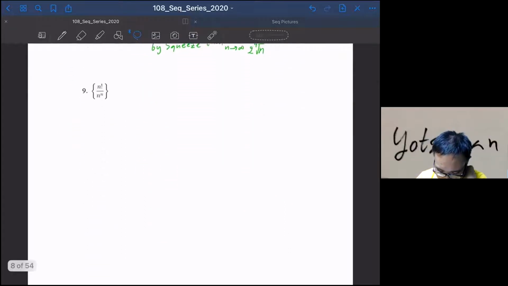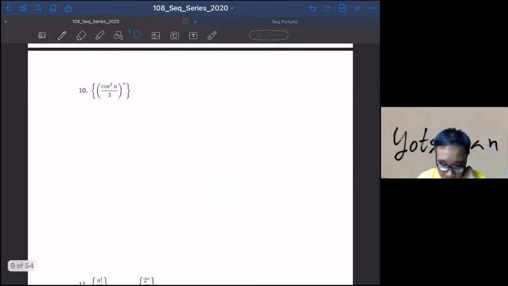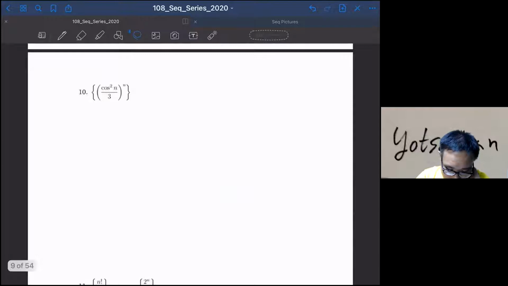The next one, let me do number 10 first because it's sine cosine. For this one, the thing that you see is going to be cosine squared. So you would feel that you're going to use the Squeeze theorem.